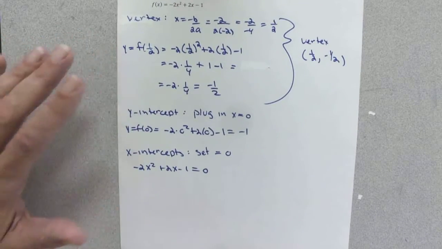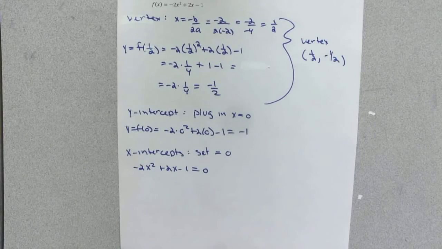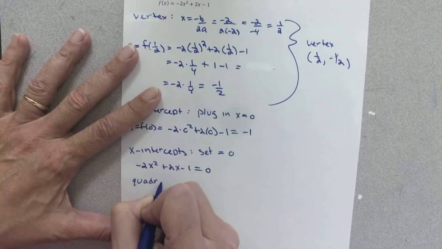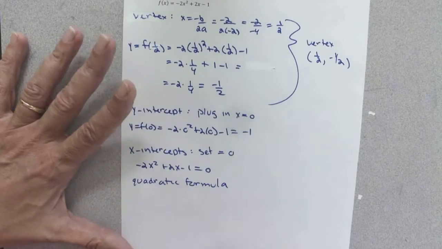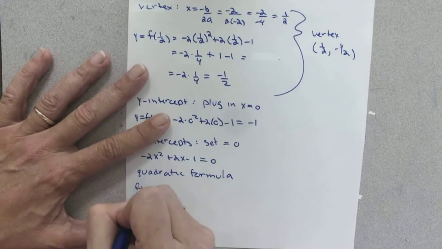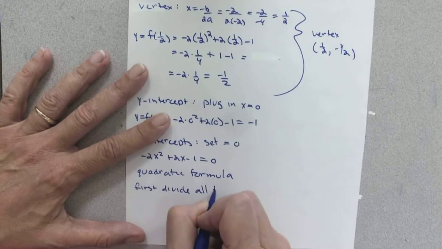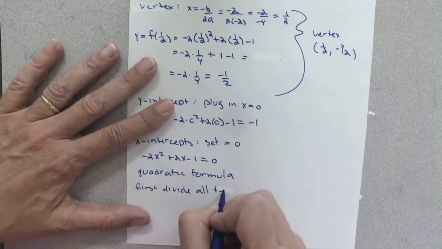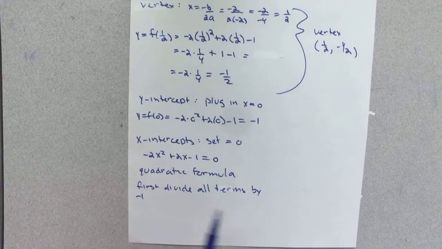And you can stare at that for a really long time. It's never going to factor. So we're going to use the quadratic formula. One thing I'm going to do just to make life a little easier, I'm going to divide all terms by negative 1.